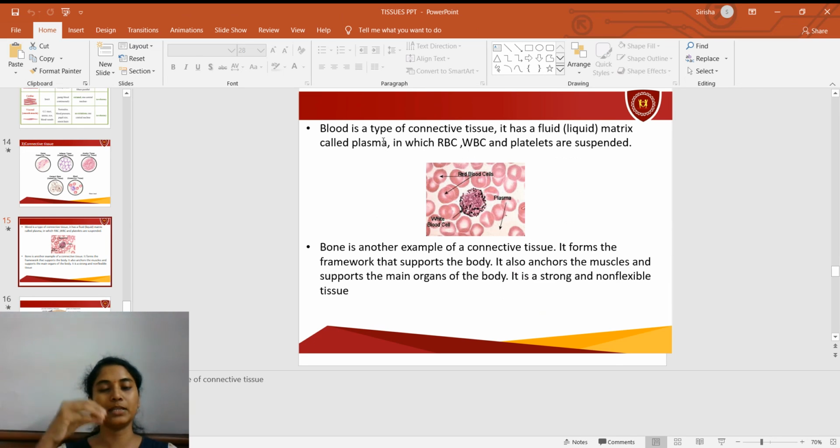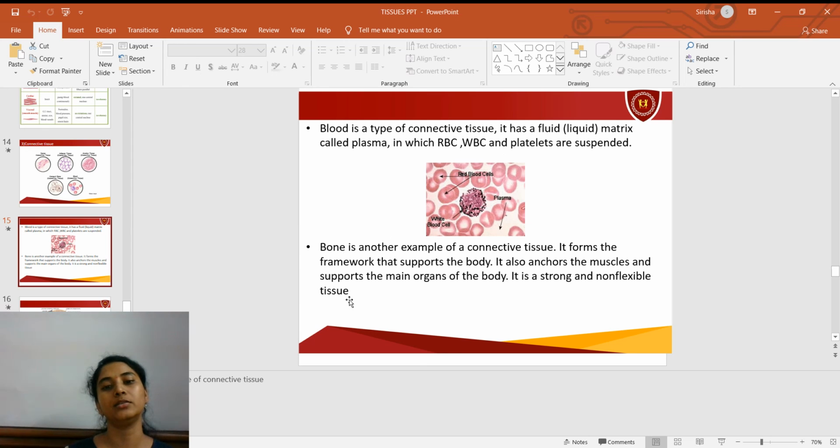It is called plasma, in which RBCs, WBCs, and all other platelets are suspended like this. See, this is all plasma. Let us consider this as plasma, and all these red blood cells, white blood cells and platelets are inserted like this. This is called blood. Blood is a connective tissue.